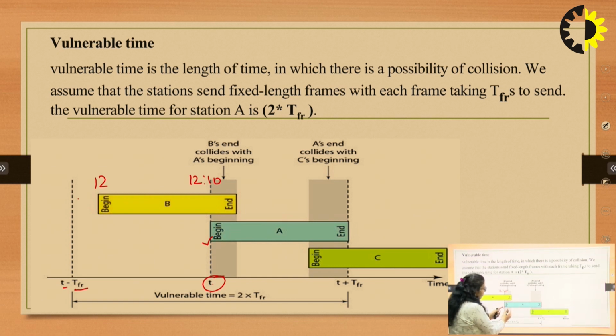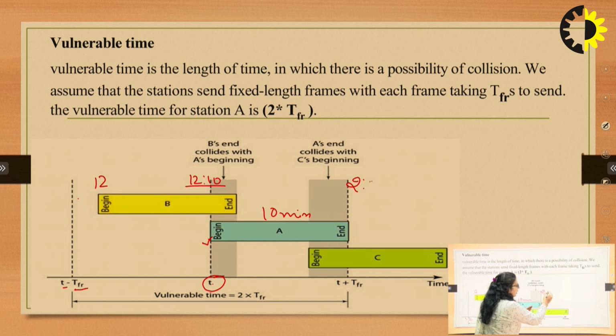If another station, like A, wants to send data, and it takes 10 minutes to transmit from source to destination, then before 12:10 there should be no transmission by any station.